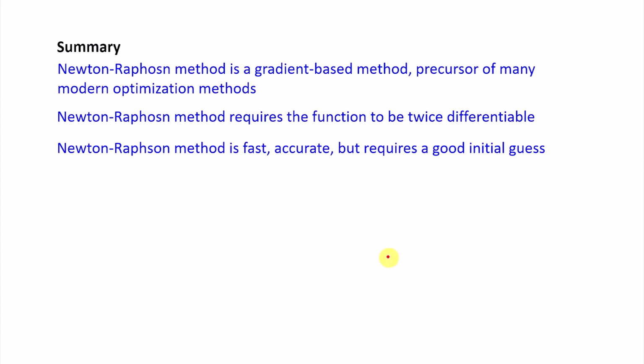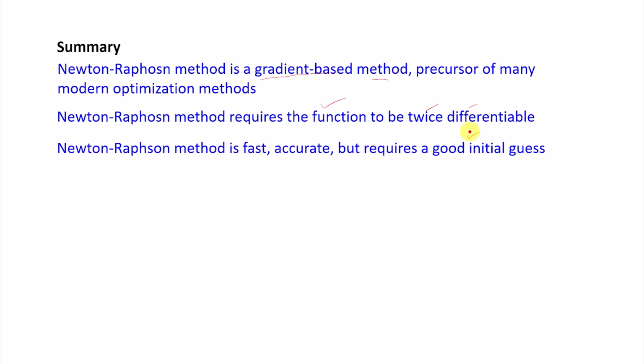So now to summarize, we have discussed Newton-Raphson, which is a gradient based method, and this is the precursor of most modern optimization methods. It requires the function to be twice differentiable. If it is not so, we cannot use this method. It also requires a good initial guess.